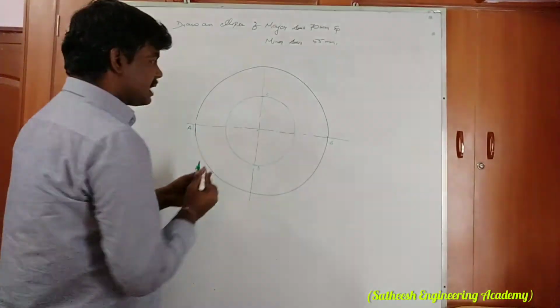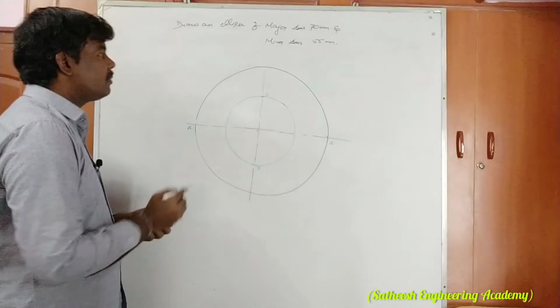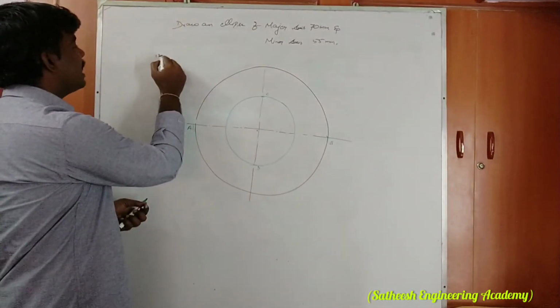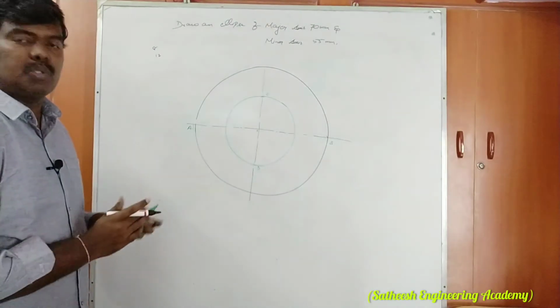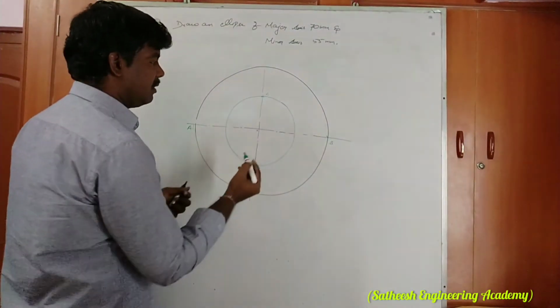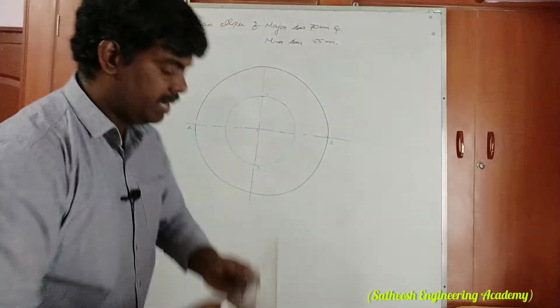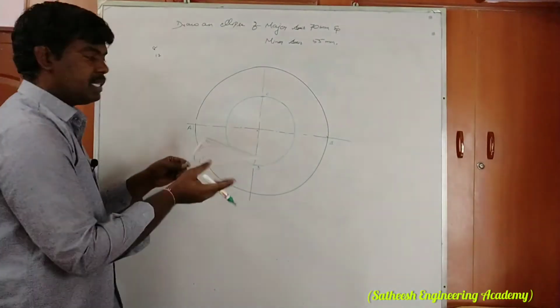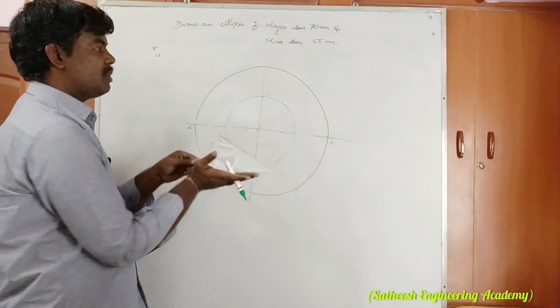Next, the circle is divided into n equal parts. Either 12 equal parts or 8 equal parts, whatever it may be. If the size is big, we go for 12 equal parts, and we get a smooth finish on the curve. You know how to divide a circle into 12 equal parts by using a set square or any method you follow, but the set square method is time consuming.